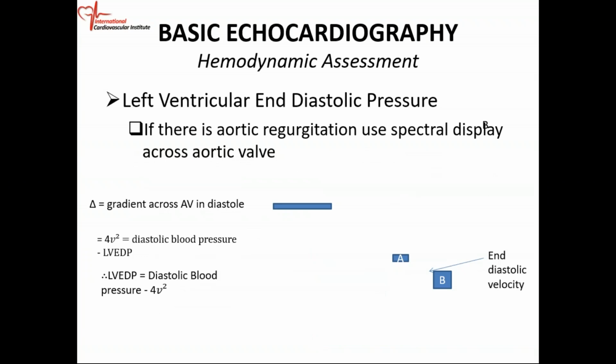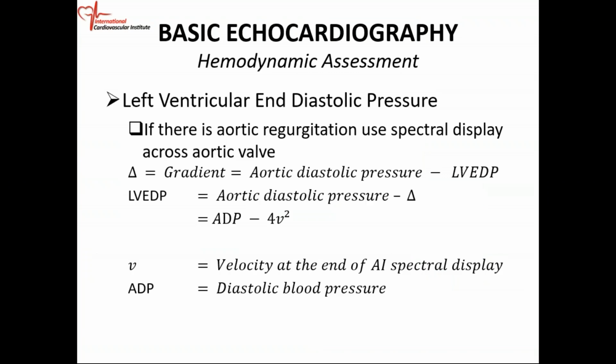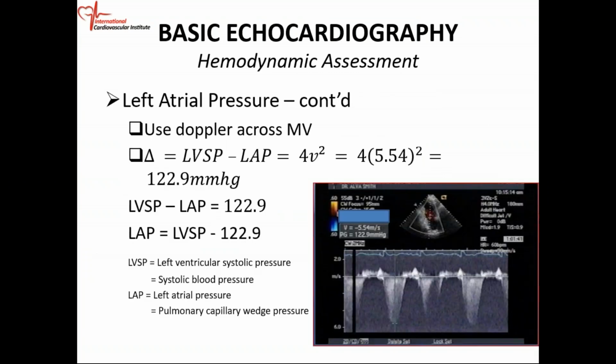I am going to stop here because I want you guys to fully grasp what we're doing. Again, the modified Bernoulli equation, you need to go over it and understand how you derive it. It states that the pressure gradient is equal to 4v squared, where v is the velocity.